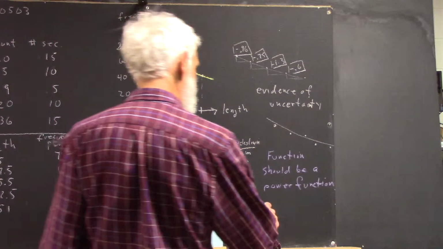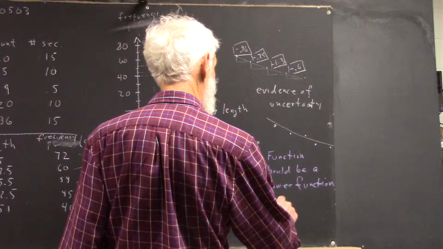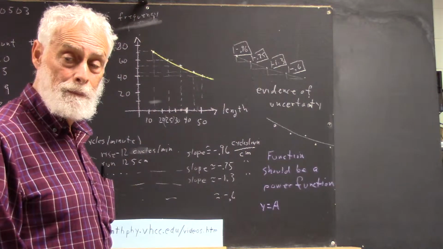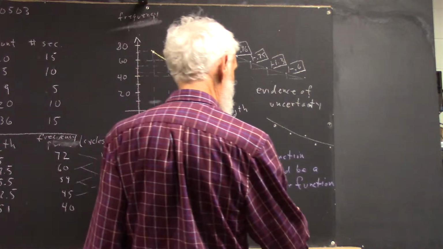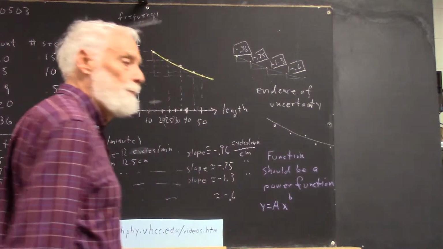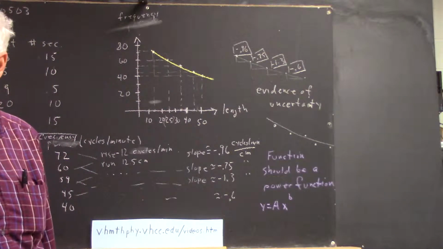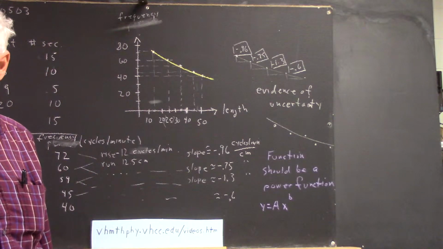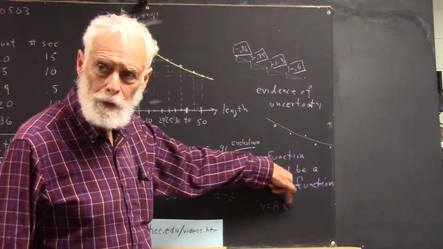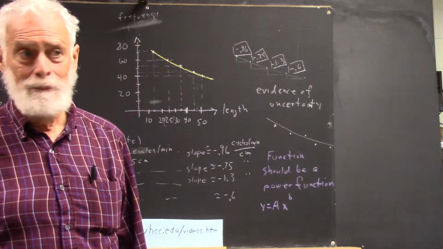So it is y equals ax to the b. Now, usually we use p here, but I use b because with the font that I'm using, and with a lot of fonts, the p extends down so far that it almost looks like a multiplication.